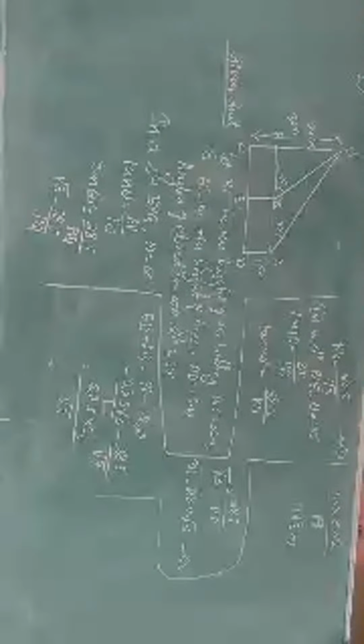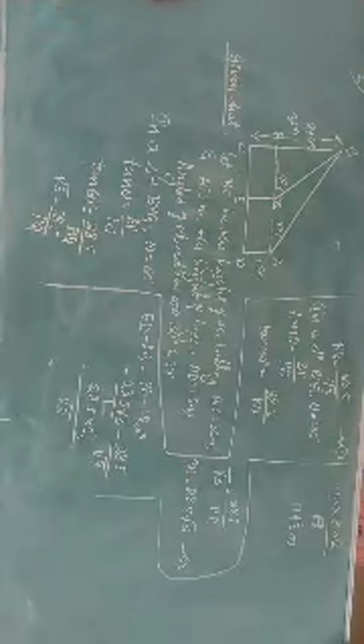See, from a point on the ground, the angles of elevation of the bottom and top of a transmission tower fixed at the top of a 20-meter high building are 45 degrees and 60 degrees respectively. Find the height of the tower. So first let us draw the diagram.